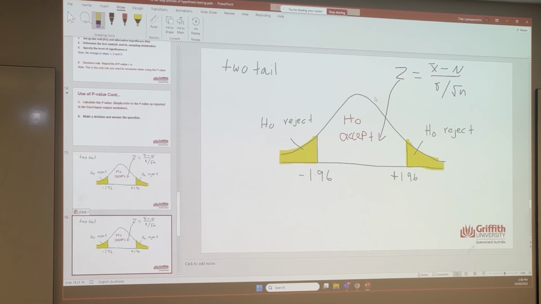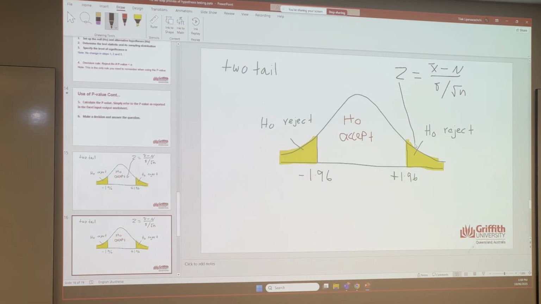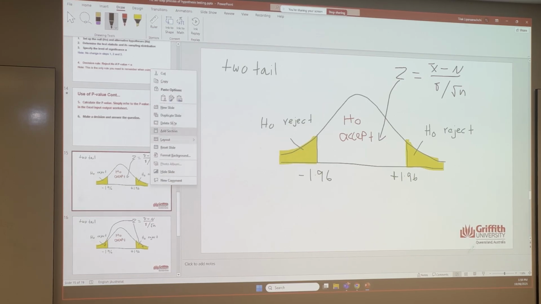If this Z value falls outside, either in this area or this area, we reject H0. That's how you make the decision.